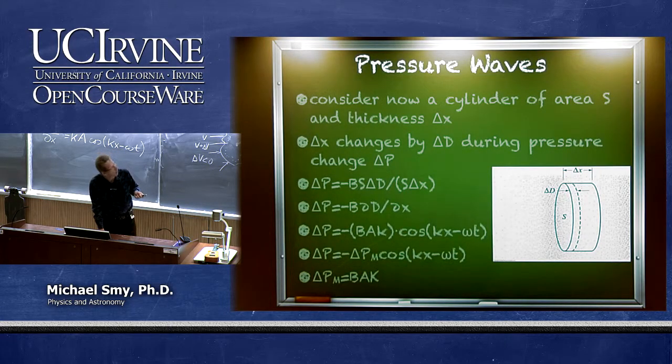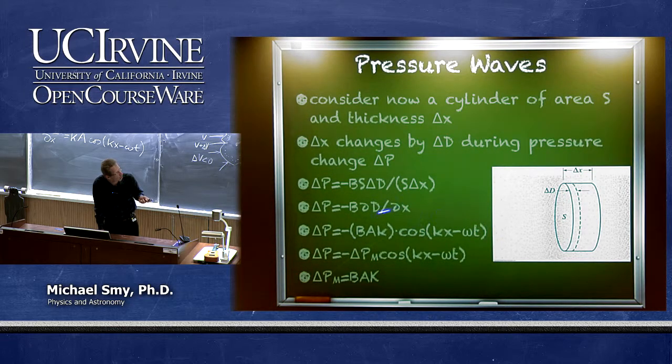So if we then multiply with minus B, we get the pressure change as a function of position and time as B, the bulk modulus, times the amplitude, times the wave number, times cosine kx minus omega t.